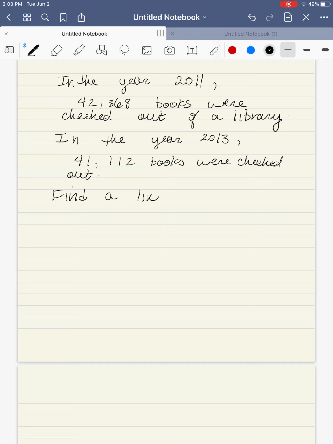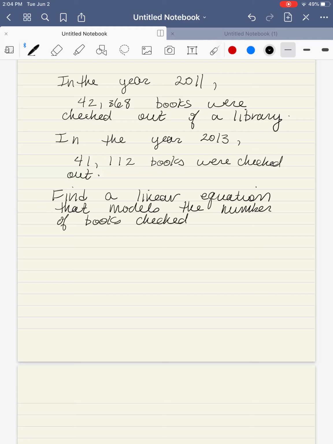And what we're going to do is to find a linear equation that models the number of books checked out in a given year.